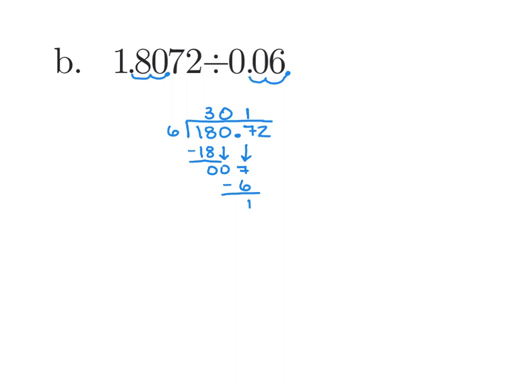Subtract, we get 1. And we bring down a 2. 6 goes into 12 2 times. 2 times 6 is 12. Subtract, we get 0. And we're done. All right, we move our decimal point up into our answer, and so our final answer is 30.12.